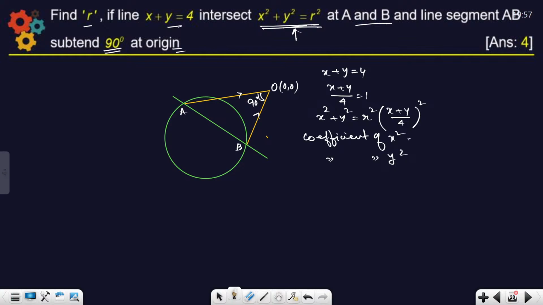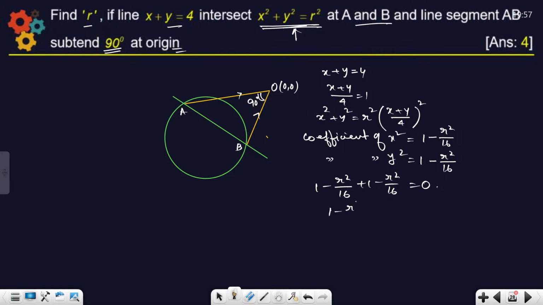So what is the coefficient of x square in this case? It's 1 minus r square by 16. And what is the coefficient of y square? Again 1 minus r square by 16. Therefore, 1 minus r square by 16 plus 1 minus r square by 16 is equal to 0.